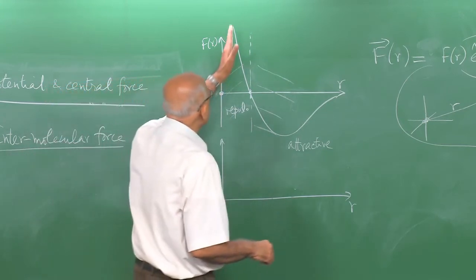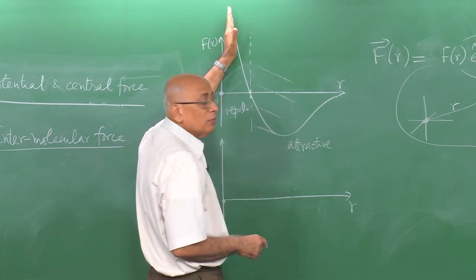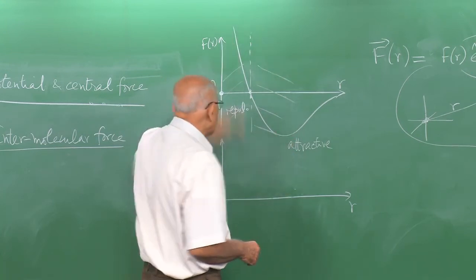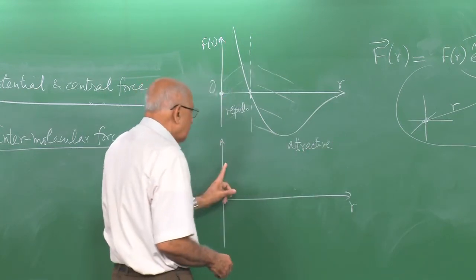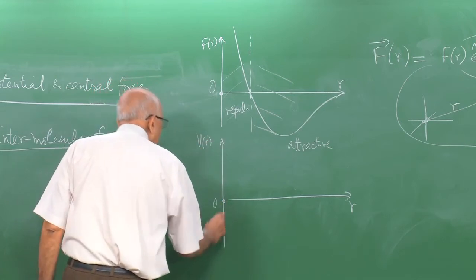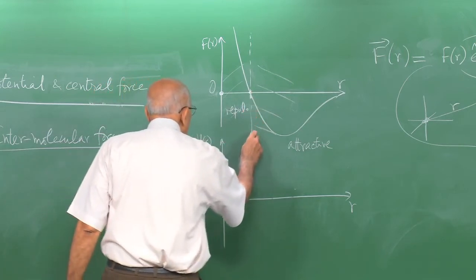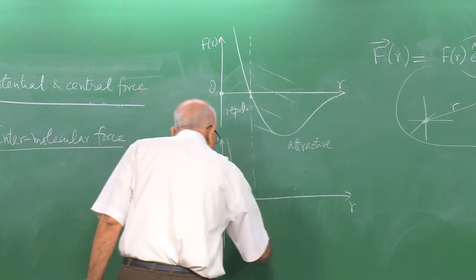And out here you can see that dV over dr, which is f, is tending towards infinity with a minus sign. The slope here is negative. So this V of r must also tend to plus infinity at this point, and here is 0. So this must look like this.